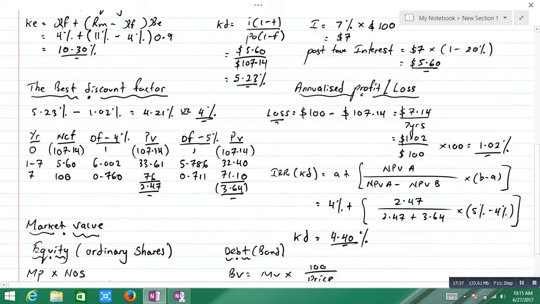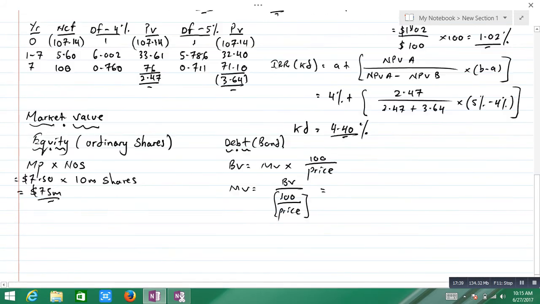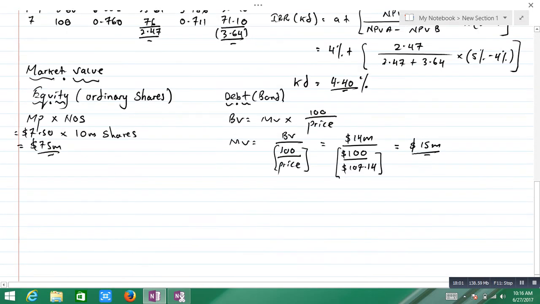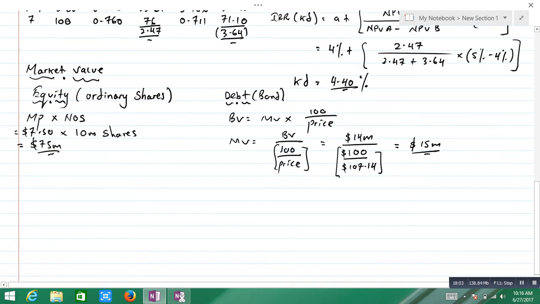That will give you 15 million. So that will be the market value. So end of the day, equity plus the debt, E plus D, which is 75 million plus 15 million, that will give you 90 million.